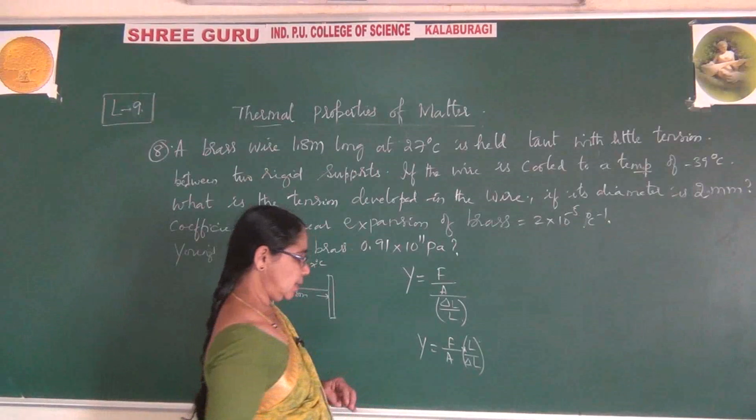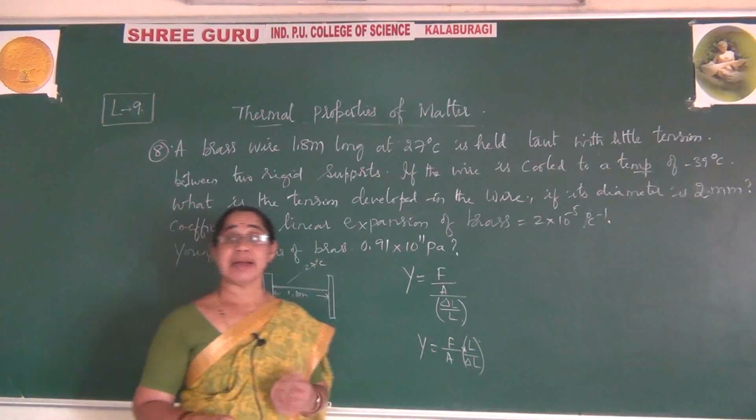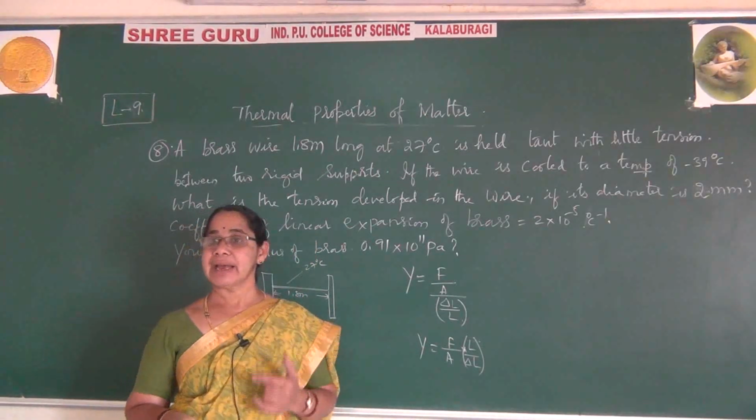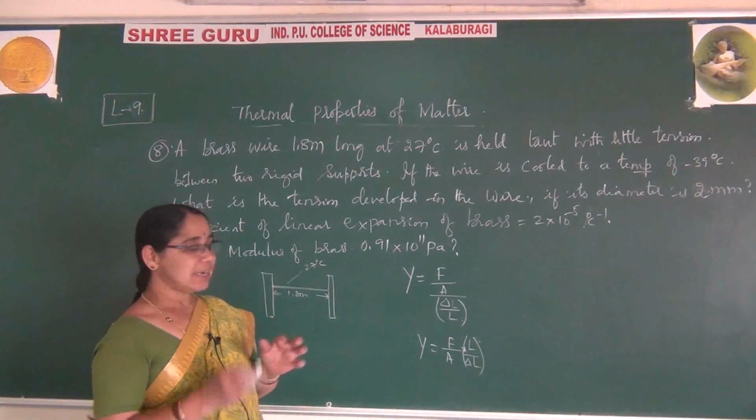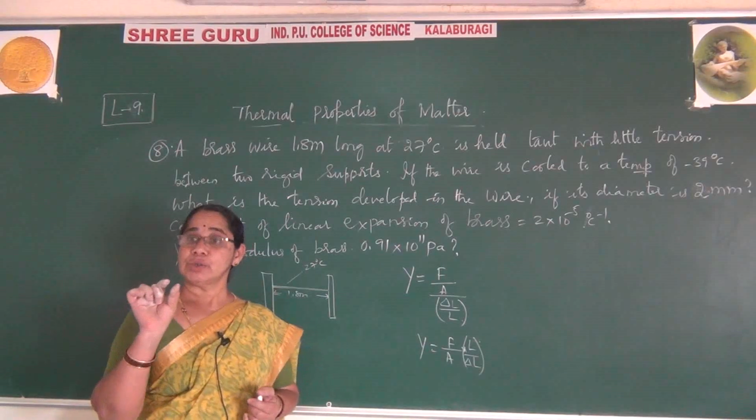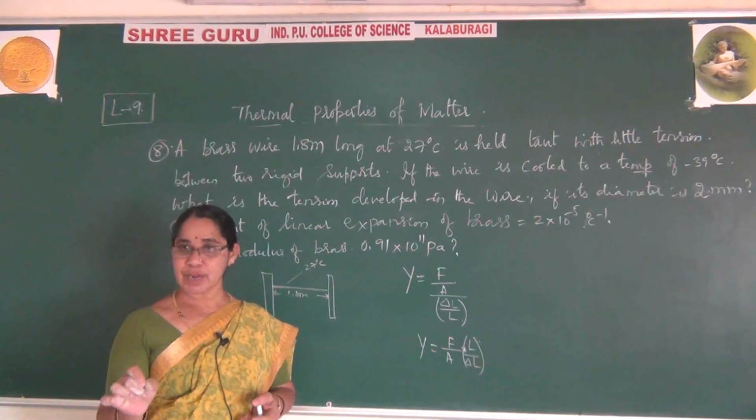Remember, they did not give the area directly, they have given the diameter. You know the wire looks like a circle, so first calculate the area of the circle.